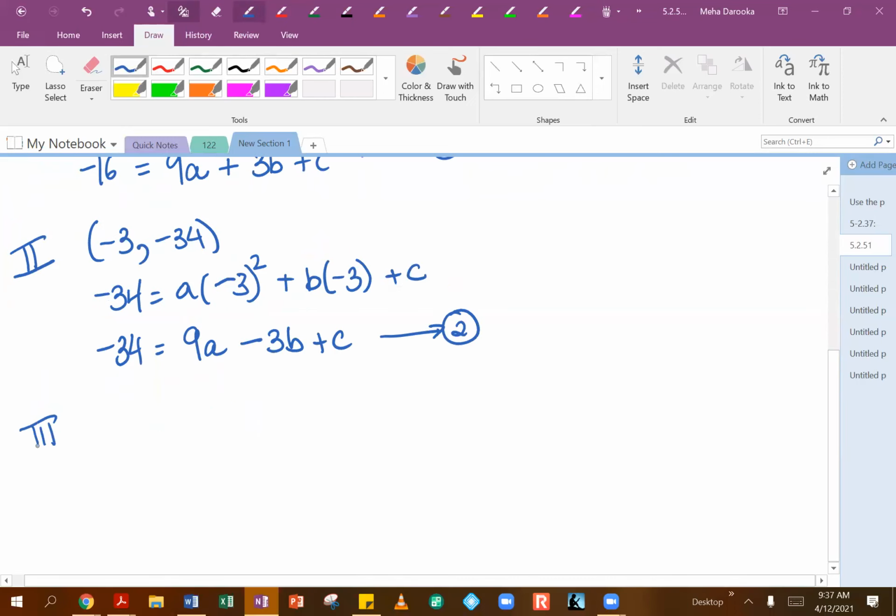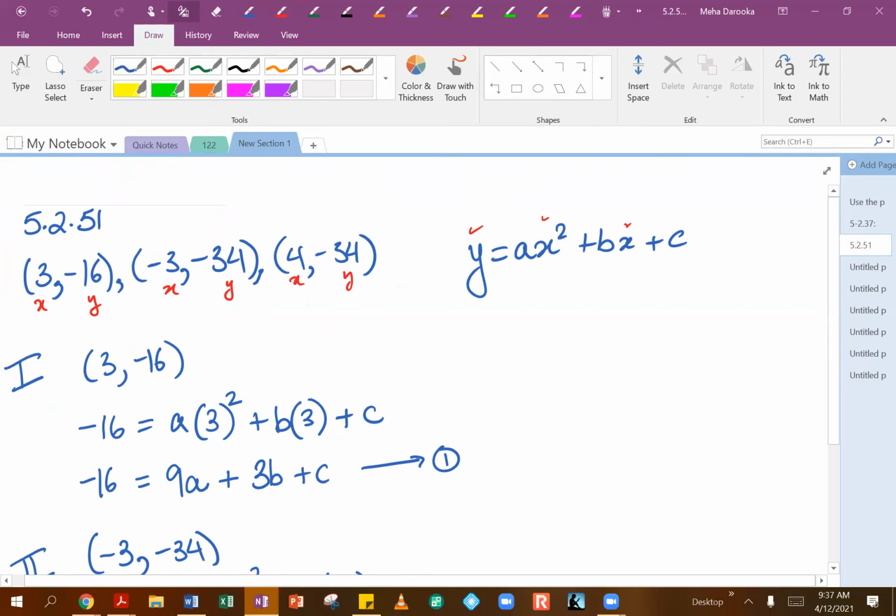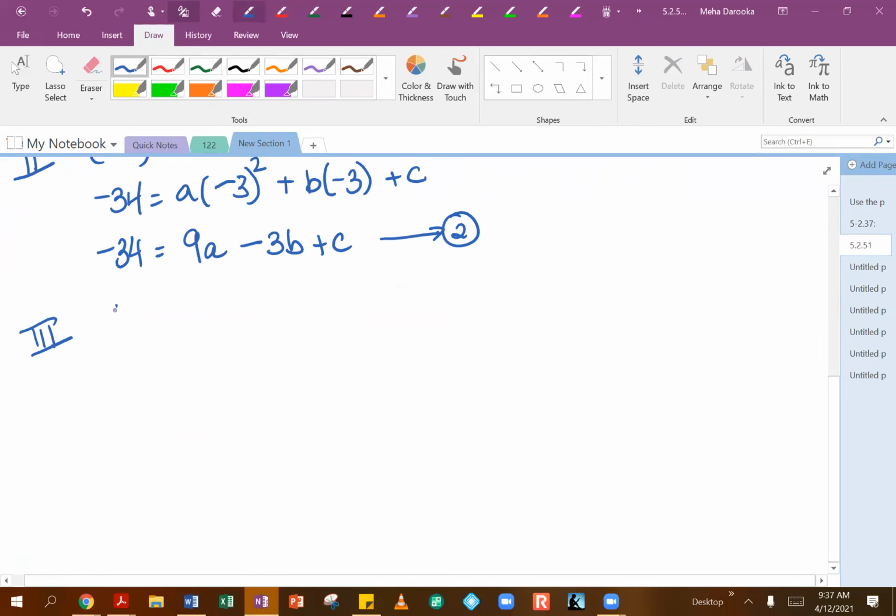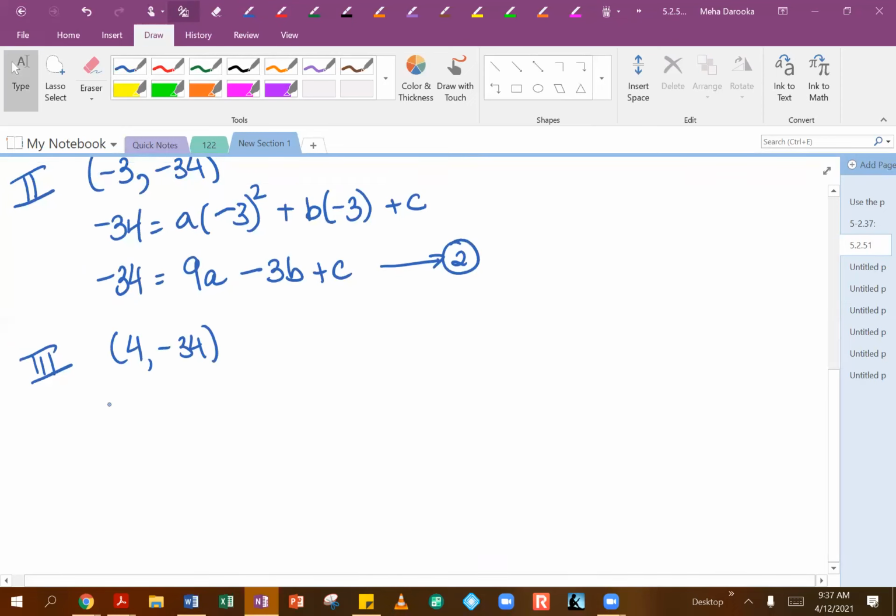And then our third ordered pair was 4 and negative 34. So, following the same example, negative 34 equals a times x squared plus b times x plus c will end up giving us negative 34. Of course, 4 squared will give us 16.